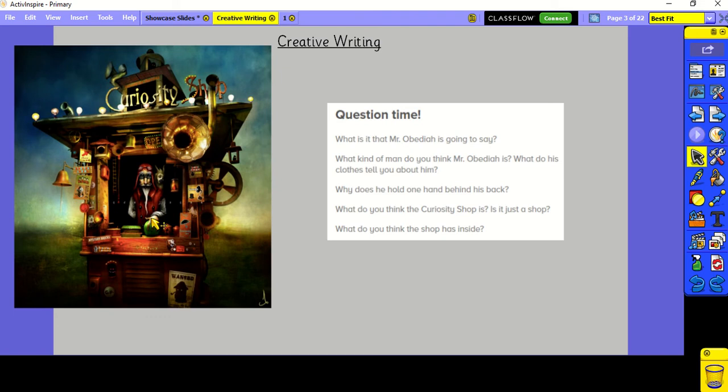What do his clothes tell you about him? Question number 3. Why does Mr. Obadiah hold one hand behind his back? Question number 4. What do you think the Curiosity Shop is? Is it just a shop?